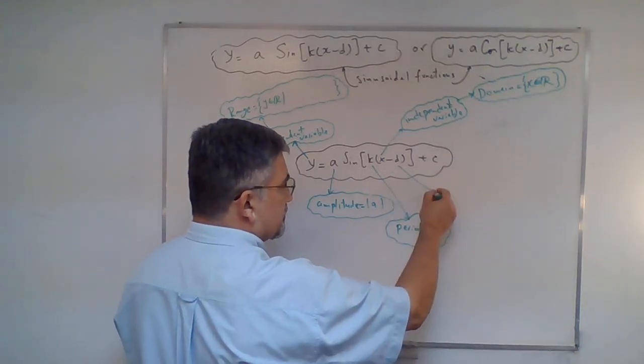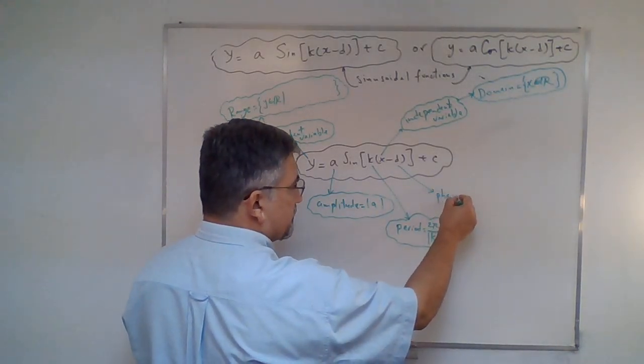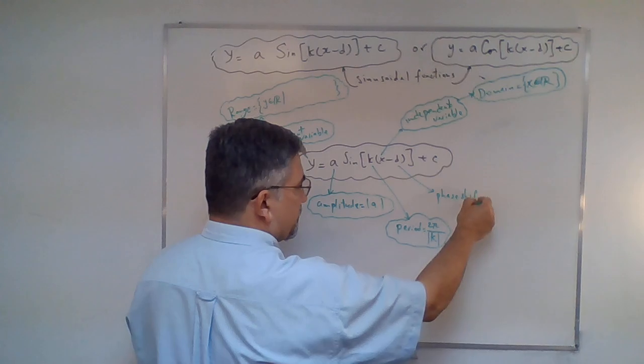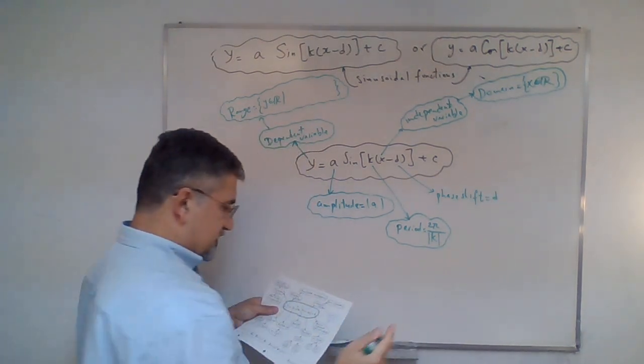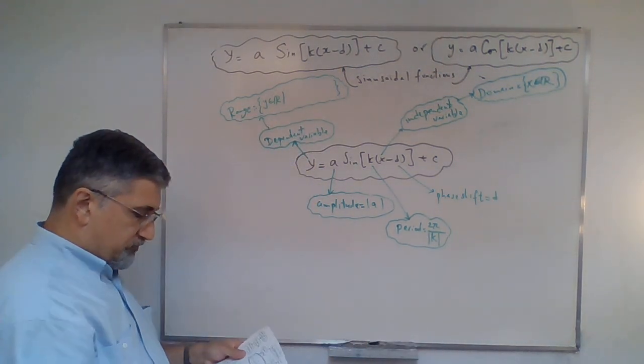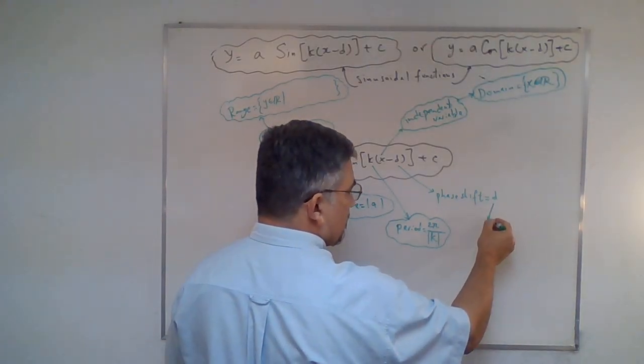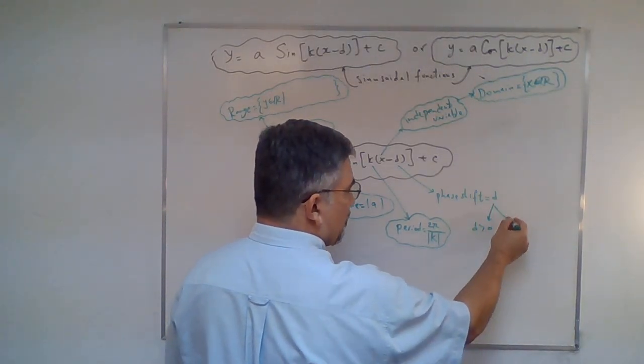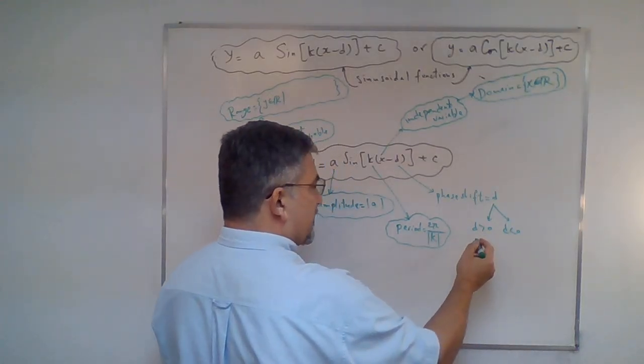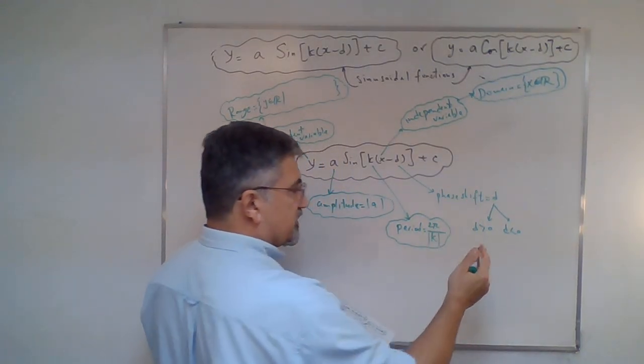The role of D is actually the phase shift. So phase shift is equal to D. That's the size of the phase shift. That's the magnitude. But depending on D being positive or being negative, we have this horizontal shift to the right or to the left.